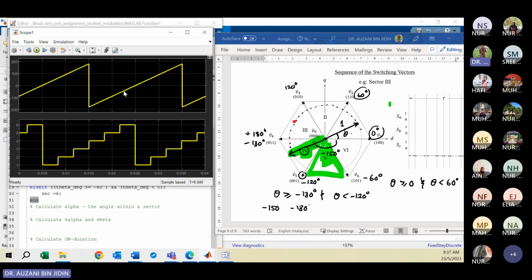Can you see my mouse cursor? Minus 60 to 0 means we detect the vector lies in sector 6. If it is 0 to positive 60, this will be sector 1.